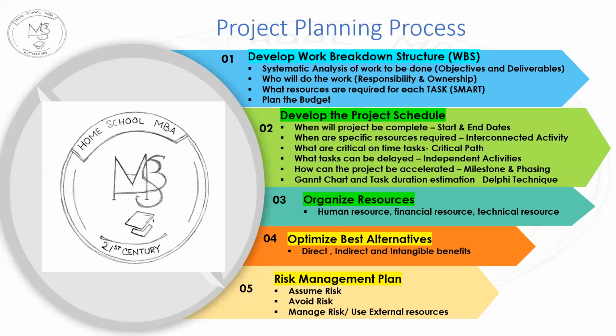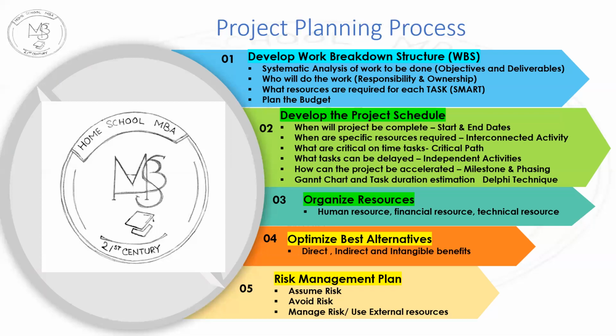That's what we mean by Delphi technique: you estimate the duration of the activity. However, while doing that, you still keep buffer zones in the completion of that activity to make sure that your project is completed within the time frame.